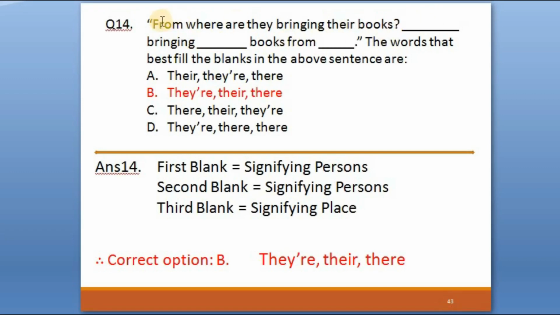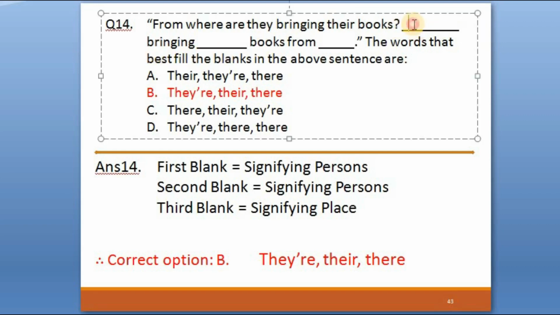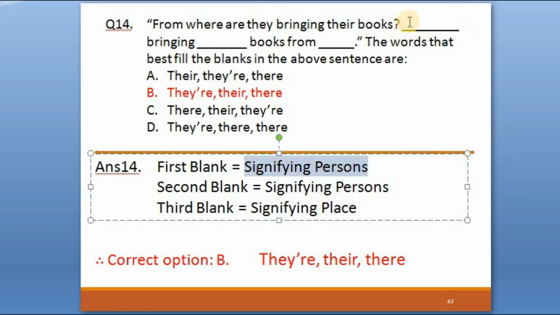Dash bringing. So the first blank is actually signifying some person, right? Dash bringing dash books. Again, the second blank is representing a person, and books from dash, and the third blank is representing a place.